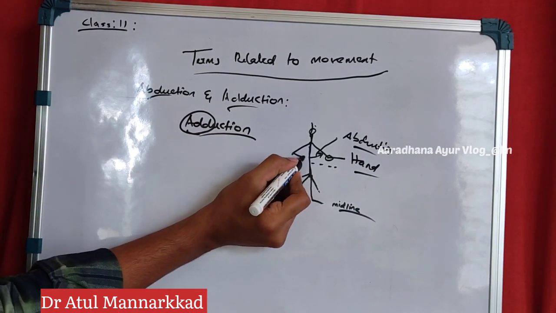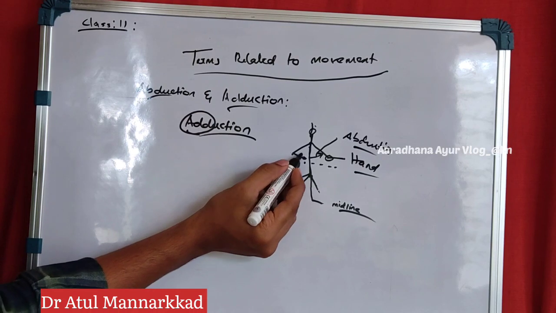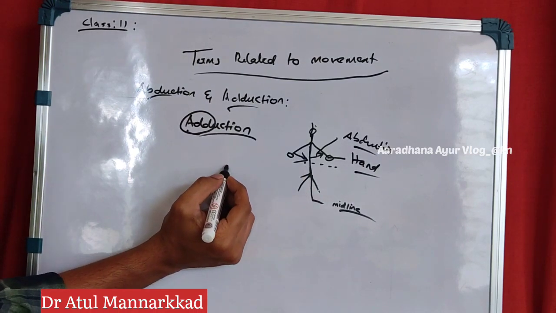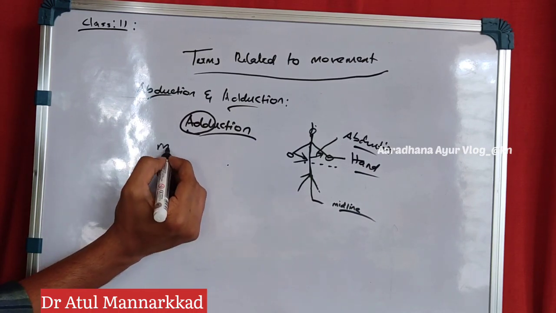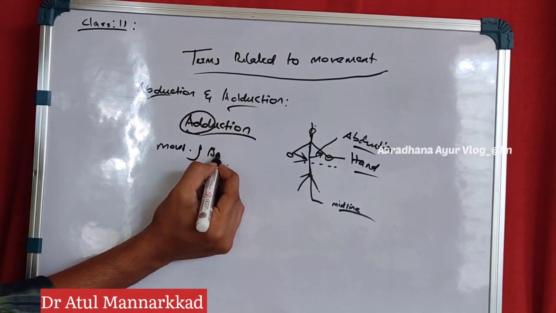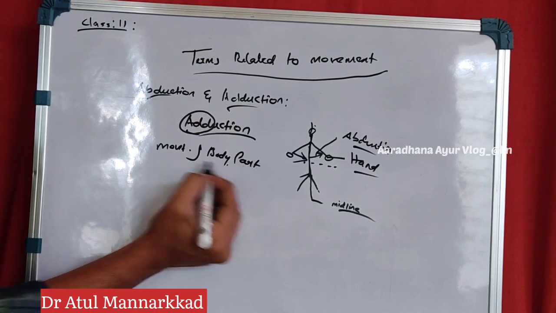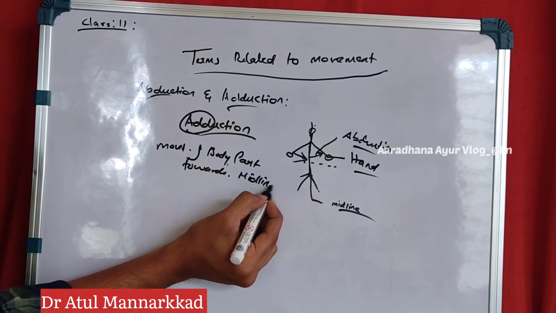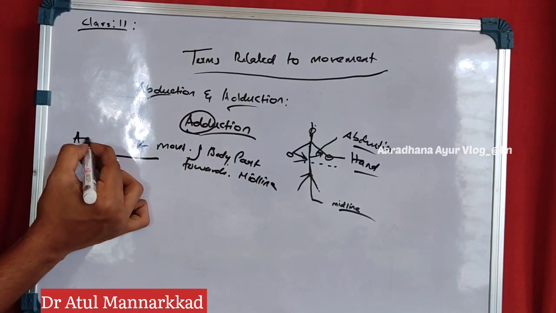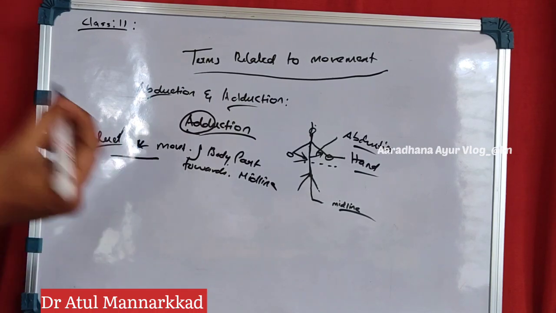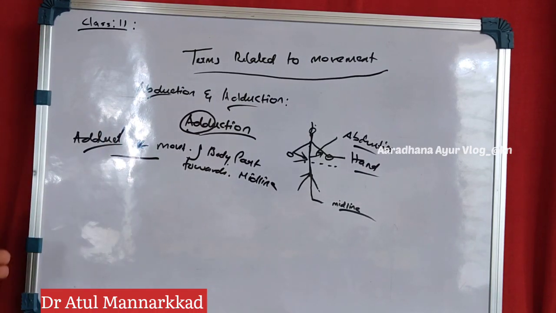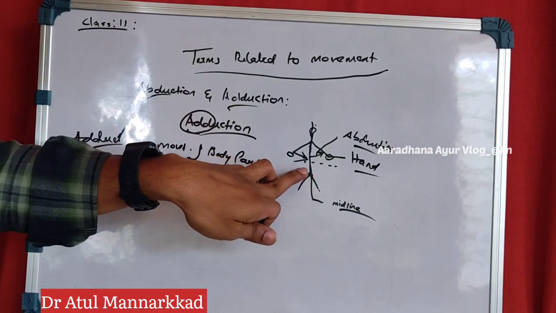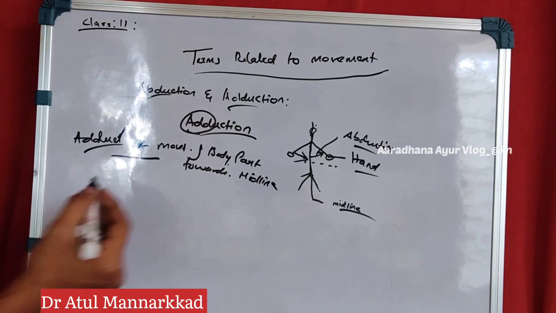And when this happens towards the midline, so if this hand is going towards the midline, movement of the body part towards the midline we call adduction. So adduction is movement of this body part towards the midline.